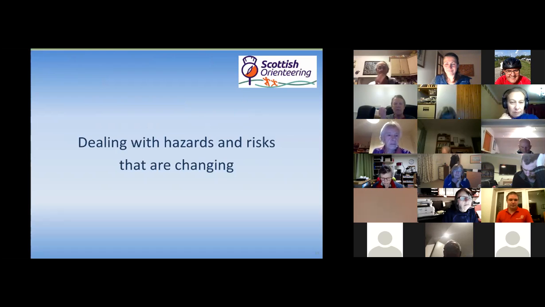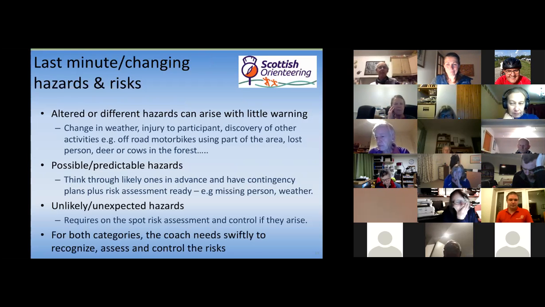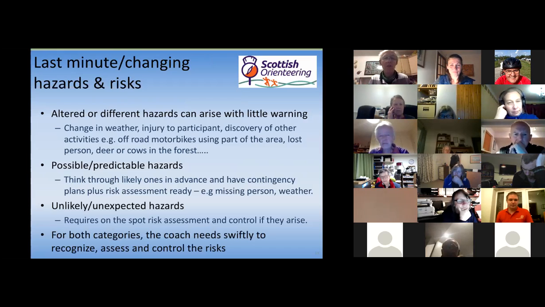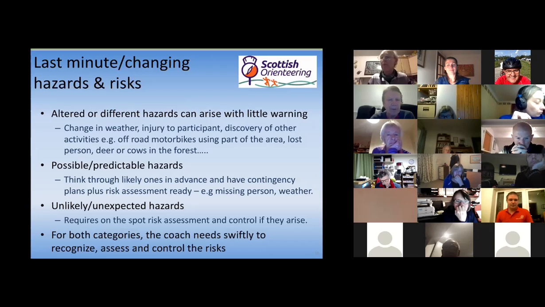Right. I said we were going to deal with hazards and risks that change. So now moving into this area, you can have the hazards alter with very, very little warning. This is a sudden change in weather, or even if somebody is injured, because that now alters the number of people you've got to look after, everybody else.